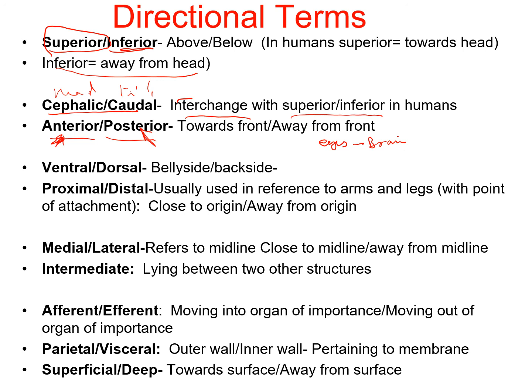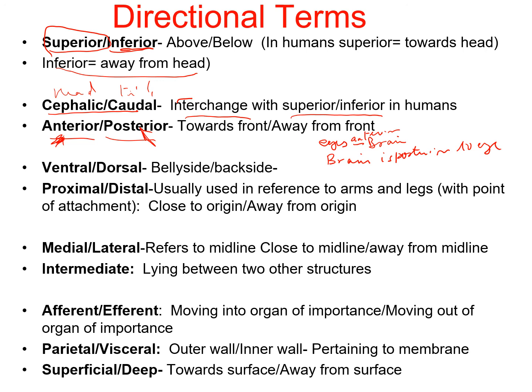The eyes are on your face, in front of your face, right? So the eyes are anterior to the brain. What about the brain? If you want to interchange it, the brain is posterior to the eyes.